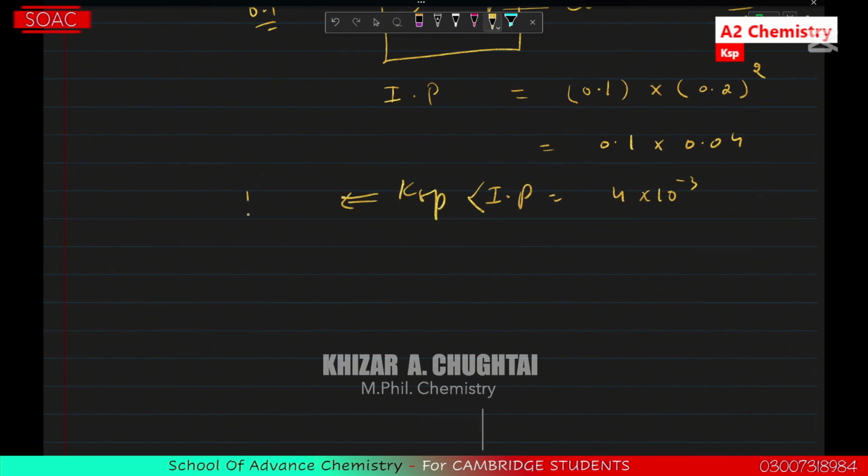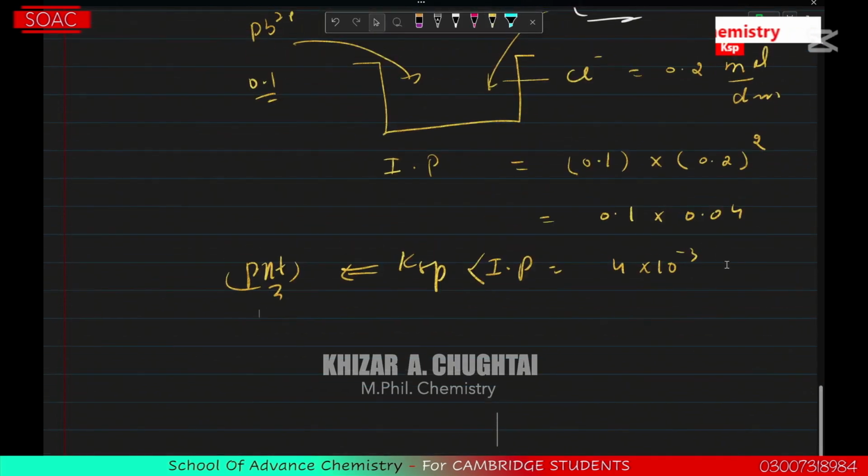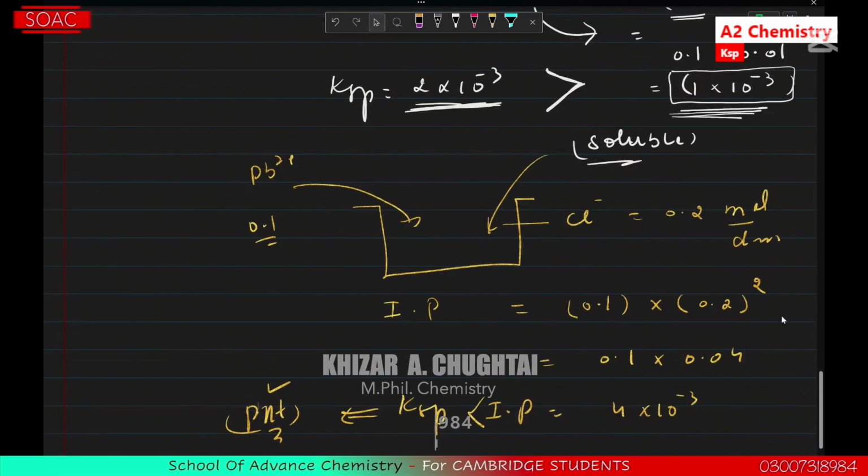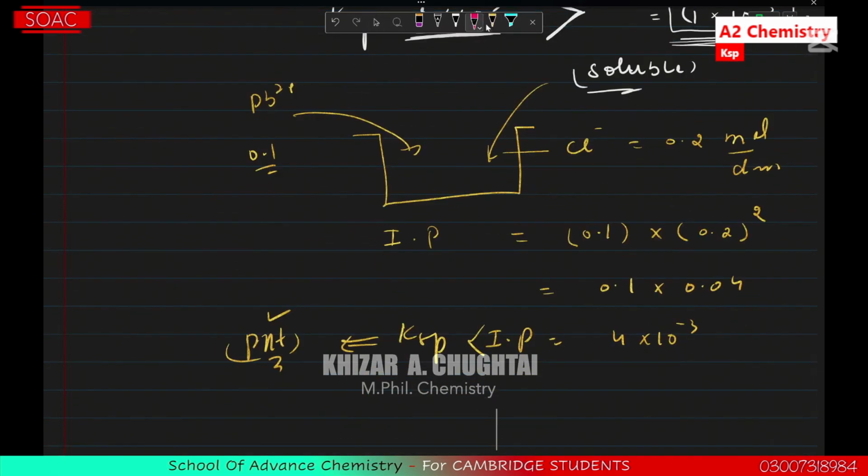So precipitate will be formed. If the value of Ksp is higher, then there will be no precipitation after the mixing of solutions. If the ionic product is bigger than Ksp, then there will be the formation of precipitate.